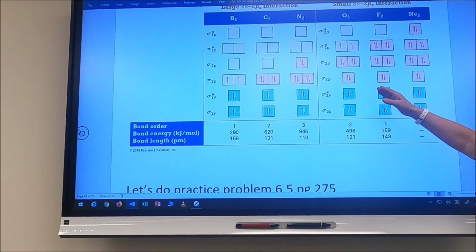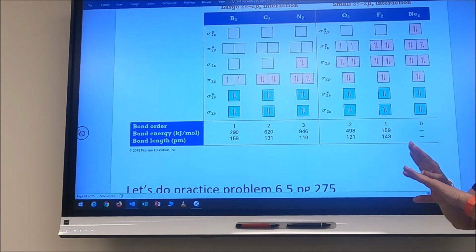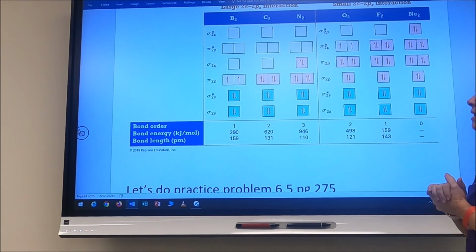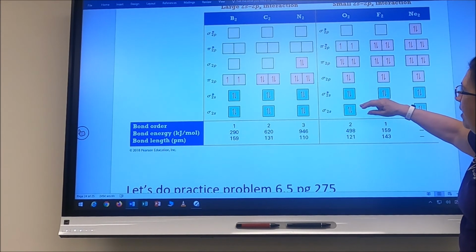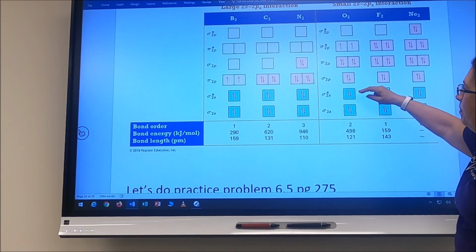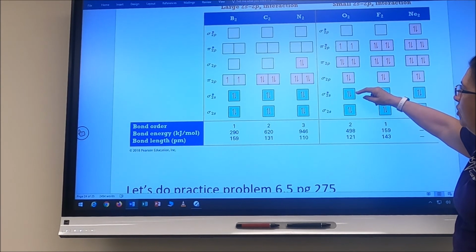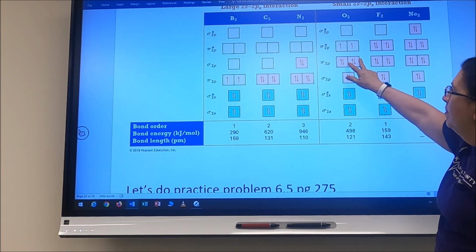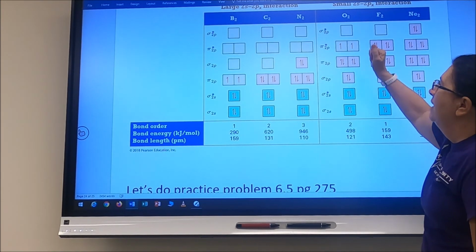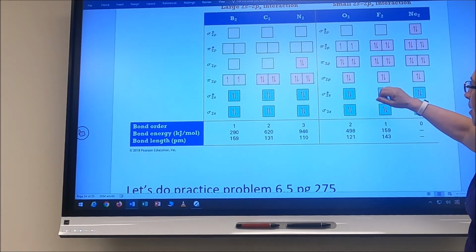When we come over to oxygen, this is where we get no mixing between the molecular orbitals. So I have sigma 2s, sigma 2s antibonding, sigma 2p bonding, pi 2p bonding, pi 2p antibonding, sigma 2p antibonding.